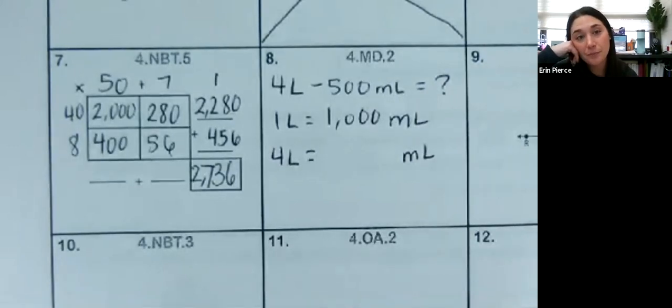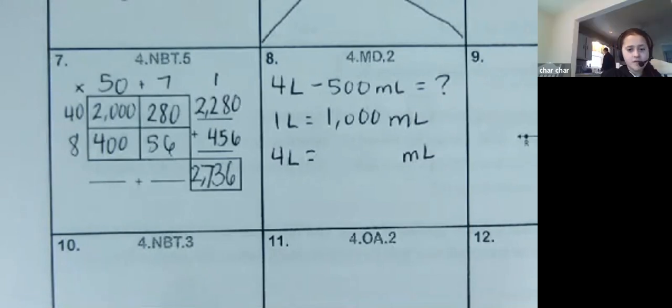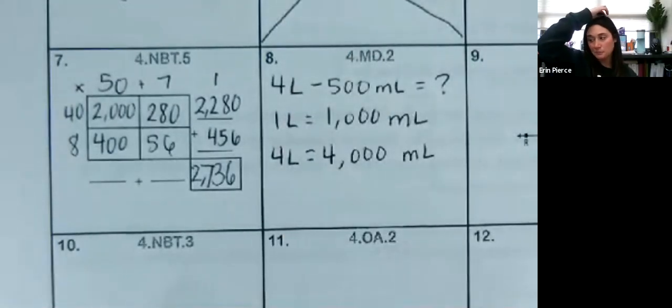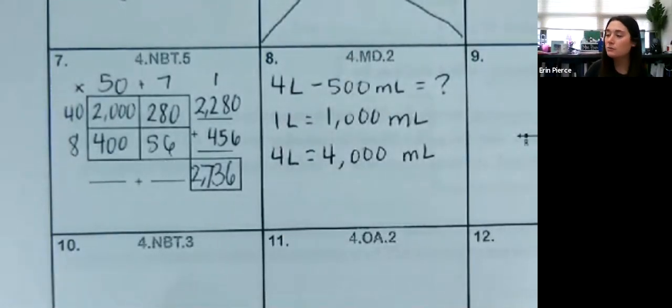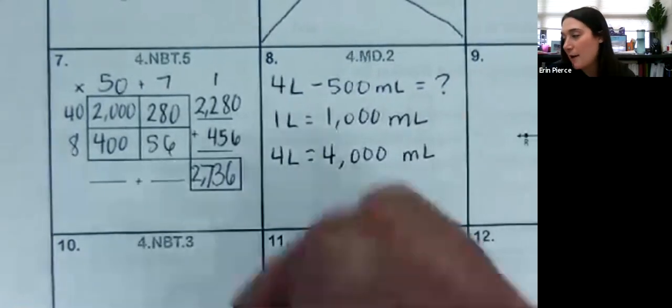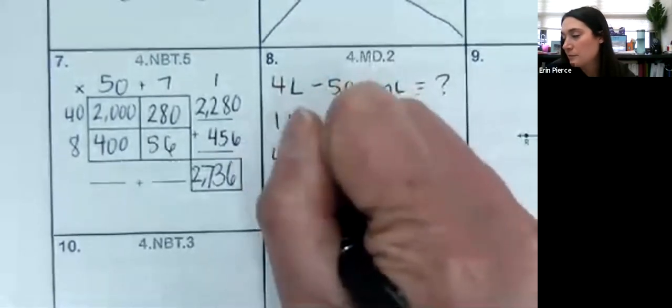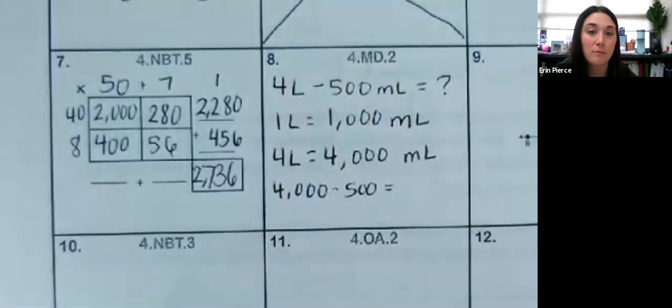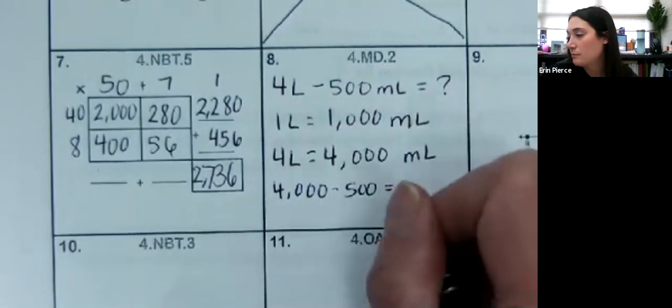Charlotte? More than 400. Wait, 4,000. Yeah, 4,000. So now we have to do 4,000 minus 500, and we get how many? Hank? 3,500.